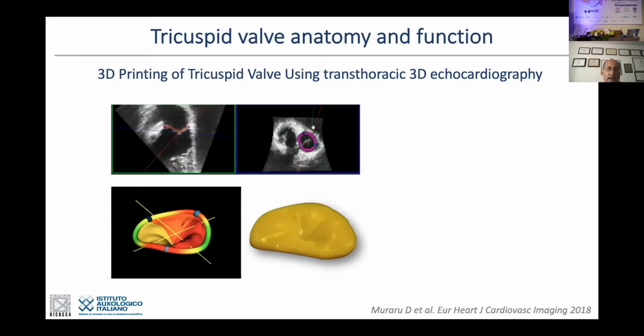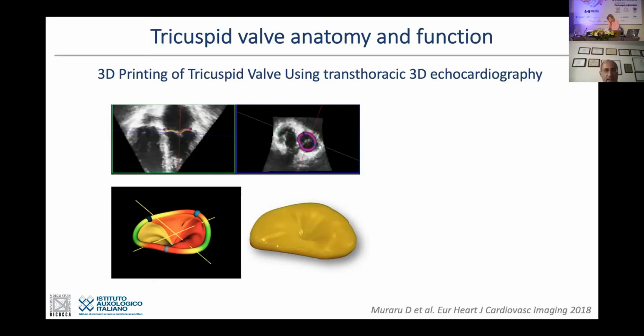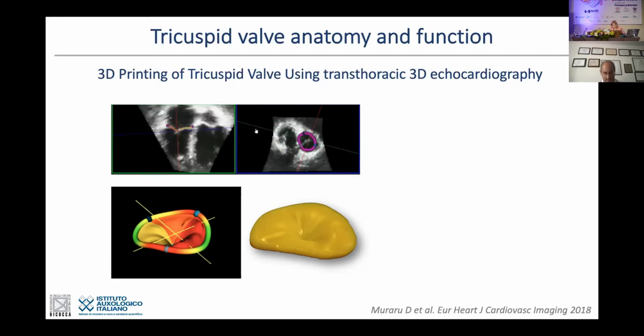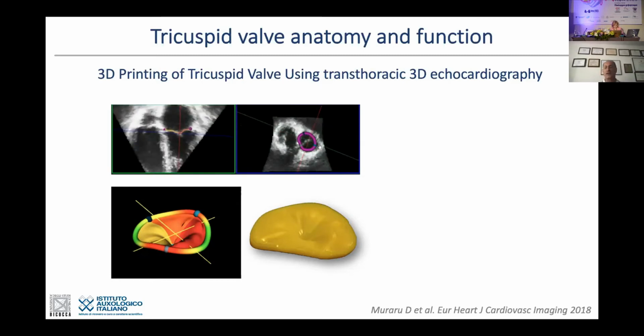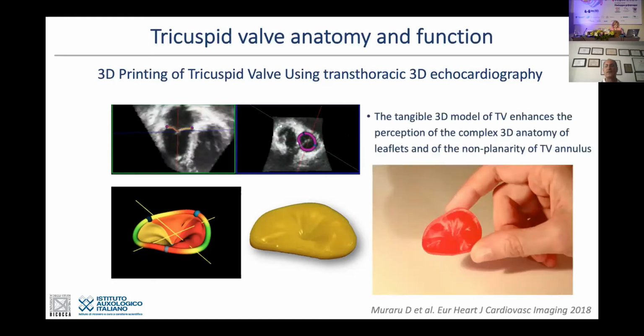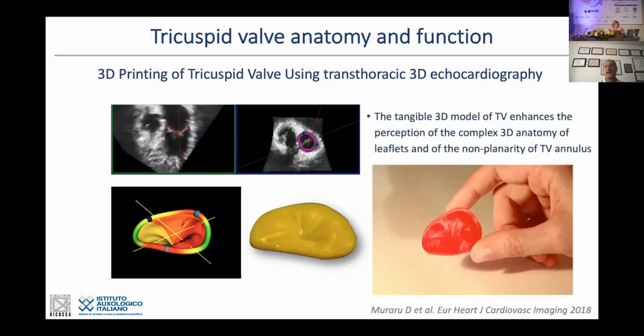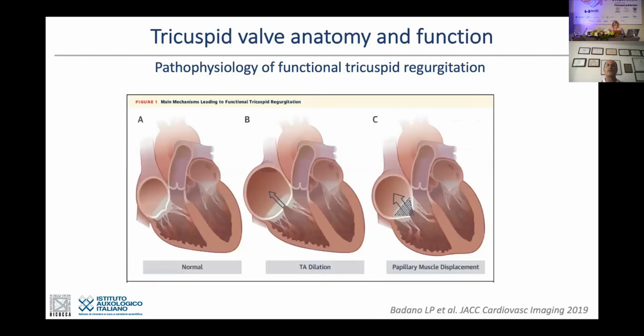And the ability of 3D printing this valve is really important, because we don't have any reference method to quantitate. Even intra-surgical measurements are quite unreliable, because the annulus is quite pliable, and even a small traction can deform it. So we can use these models to make the measurements and compare the actual measurements of the size with the measurements done on 3D echo.